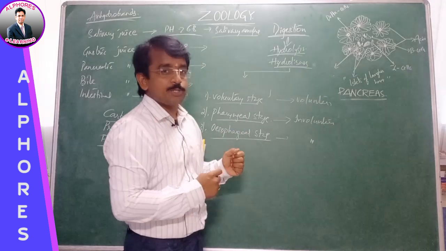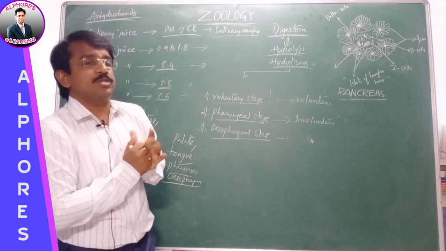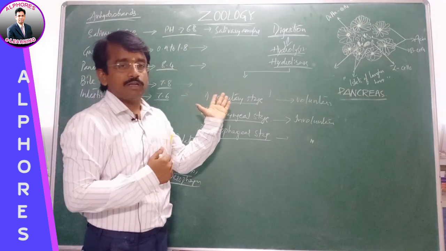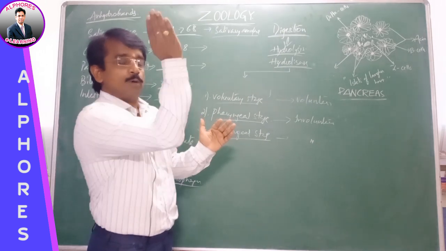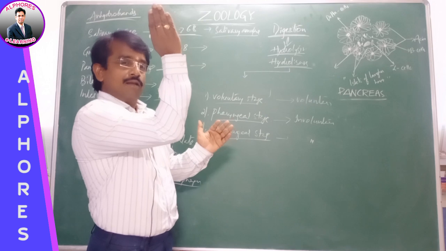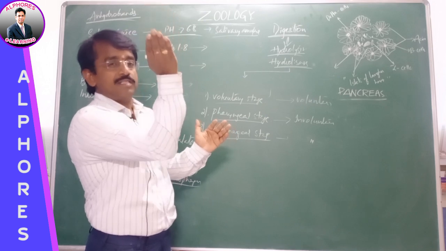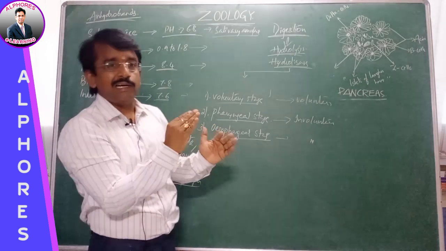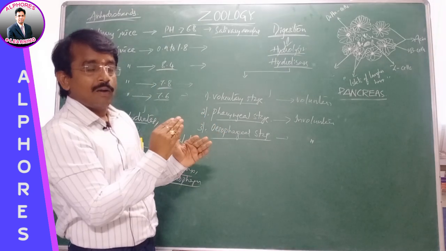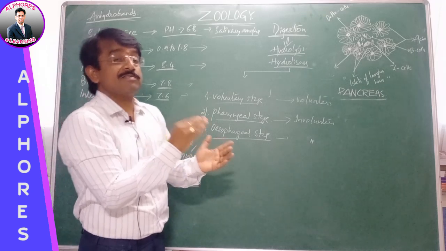Then comes the pharyngeal stage. Once the food reaches the pharynx from the oral cavity, the palate closes the nostrils, that is, the nasopharynx is closed, and the larynx is also closed.